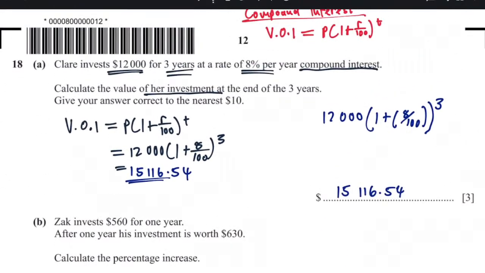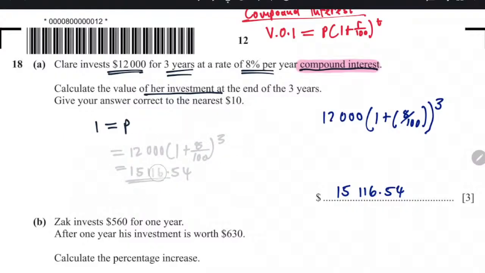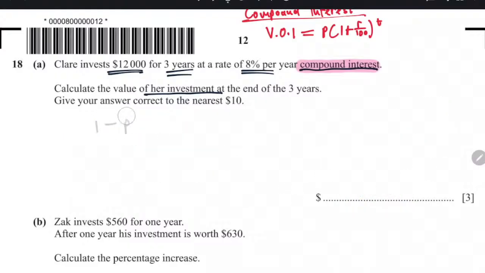They said, Clay invests and so on, and they said compound. I don't want to read the question. We don't read questions. You skim through questions. Reading questions is dangerous because the English can catch you. What you do, you skim. Then you see the word compound interest. Once you see it, you're like, okay, value of investment. You should practice writing this: principal, 1 plus rate over 100 to the power of time.